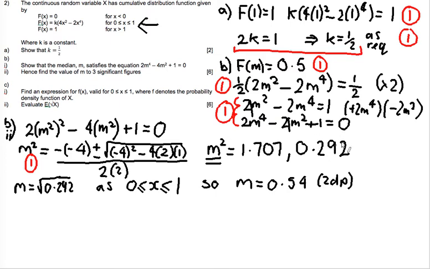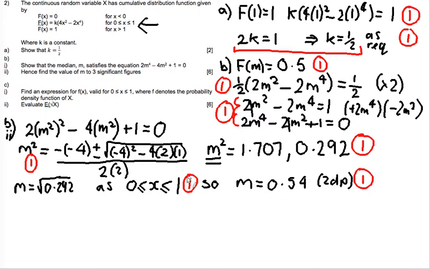Next, you can have 1 mark if you have stated that m squared can be equal to both 1.07 and 0.292. Next, you can have 1 mark if you have written a line that m is the square root of 0.292 as 0 is less than m, because of this bound here. And then finally, your final mark is actually for the answer m equals 0.54.